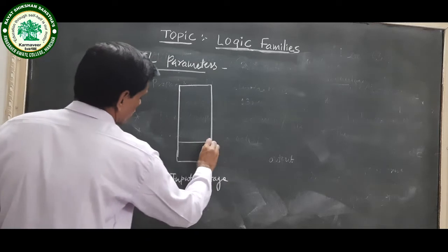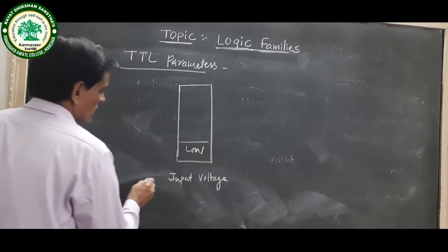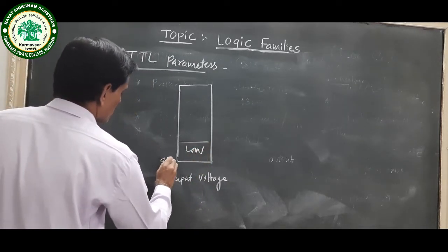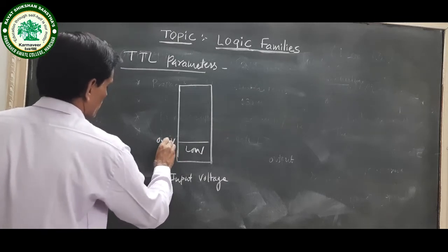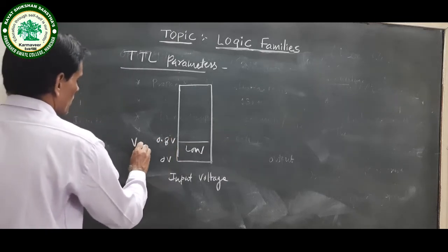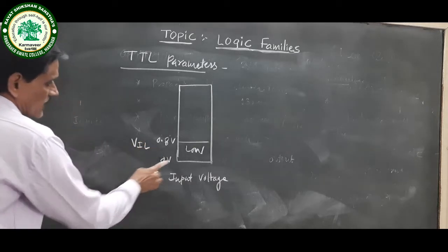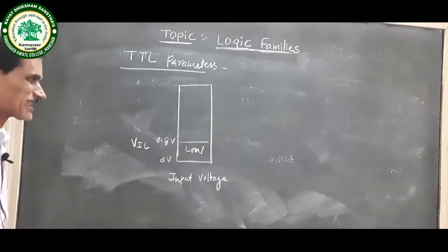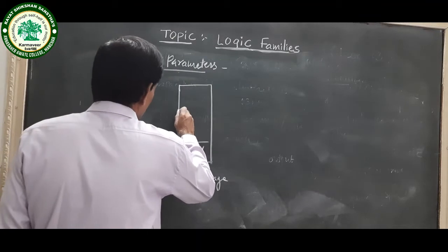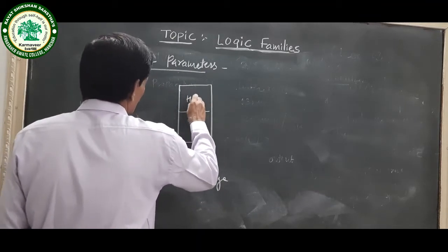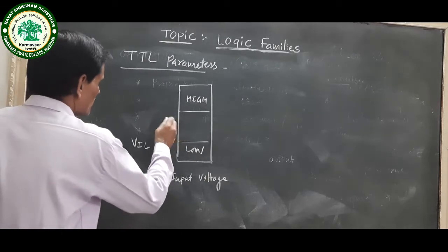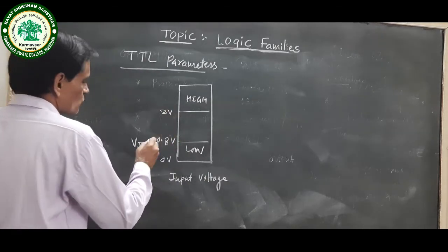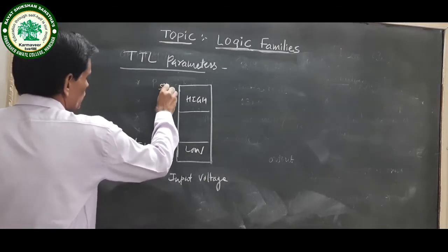Now the state will be represented as low, and for TTL this is 0 volt to 0.8 volt. This is known as input voltage at low level. I will tell the purpose later on. Then if you consider the high state, high input voltage, its value ranges from 2 volt to 5 volt.